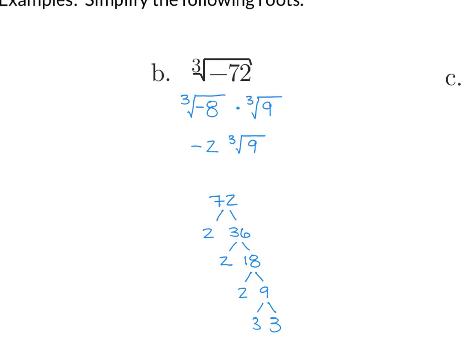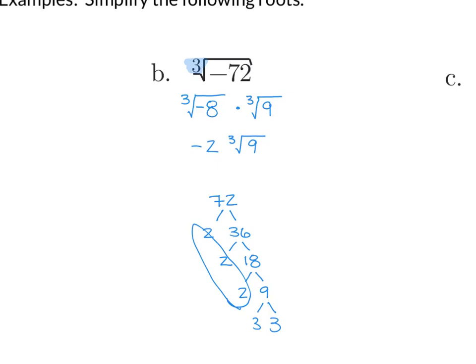Now the important thing to note on this is a cube root. So I am looking for groups of 3. I have 3 2s. Therefore, that is what is going to go outside. I'm going to pull out 1 2, because the cube root of 2 cubed is 2.